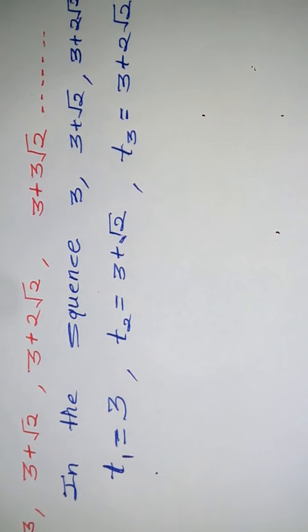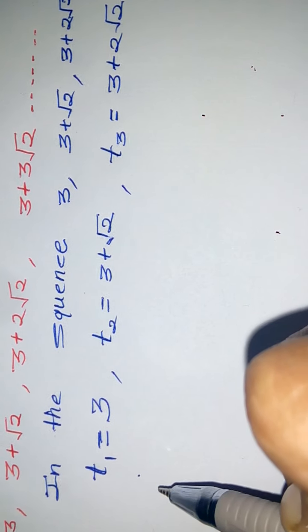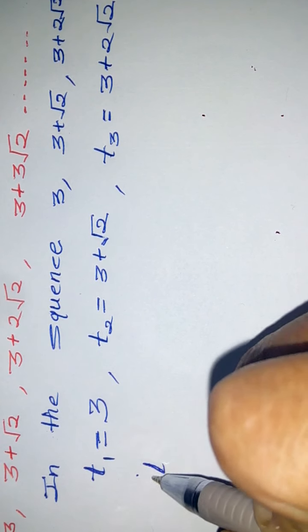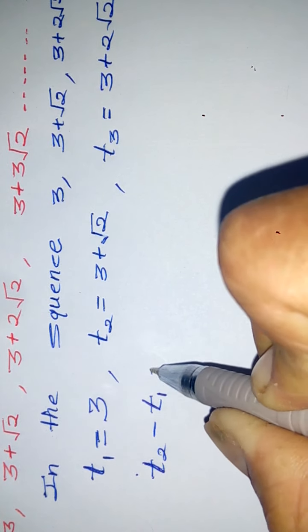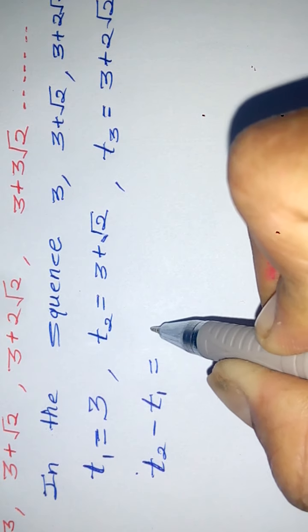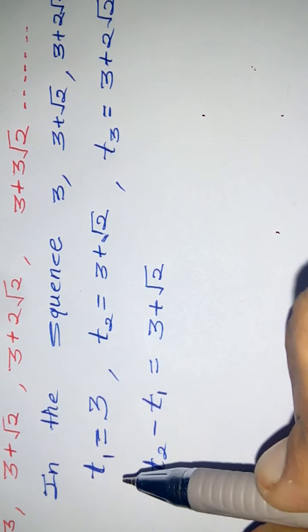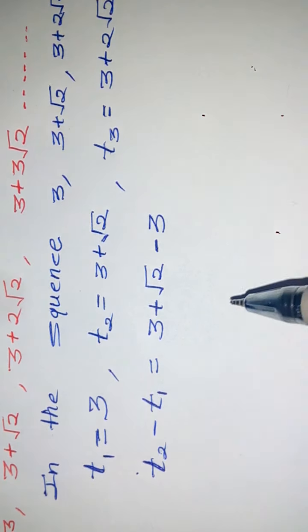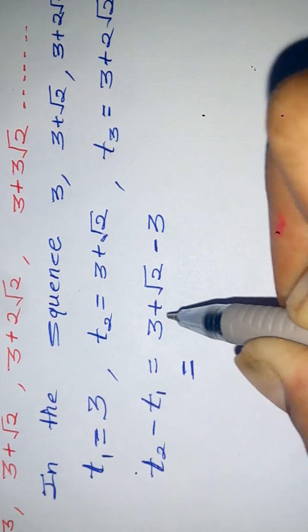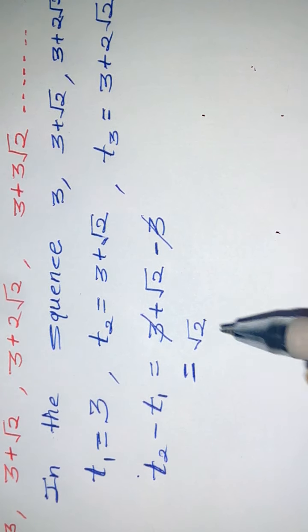So first find their difference. T2 minus T1: T2 is 3 plus root 2 minus T1, that is 3. By solving it we get root 2.